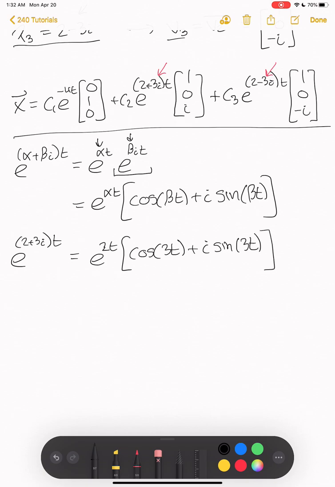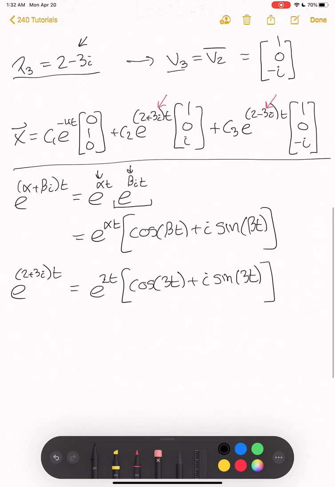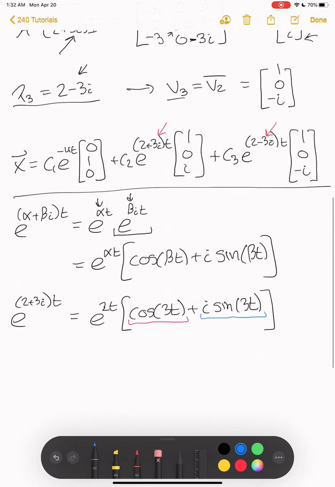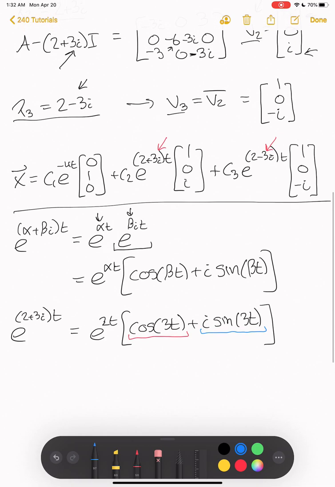And so how would that help us at all? Well, what we're going to do is factor this out into a real part and an imaginary part. So we have this cosine here is completely real valued, and then this i sine of 3t is completely imaginary valued. And so what we can do then is also factor out this eigenvector that we have here into its real and imaginary parts.